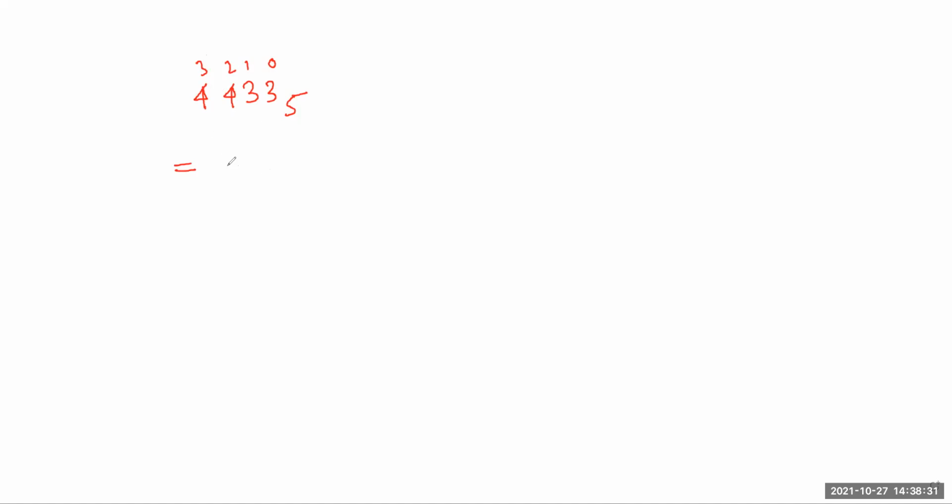So here the sum of weightage procedure is 4 into 5 cube plus 4 into 5 square plus 3 into 5 to the power 1 plus 3 into 5 to the power 0.